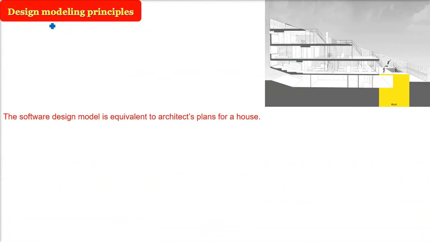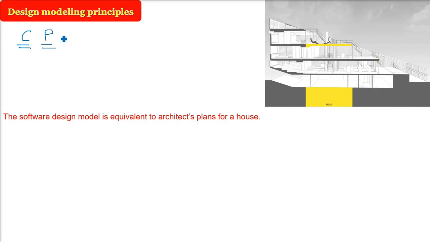Design modeling principles. Whenever we do communication, I'm going to tell you the phases of the software development lifecycle. So we gather the requirements, then we do the planning, where the project plan, the whole cost, budget, etc. are done.